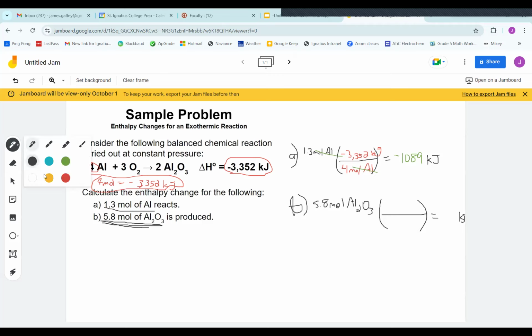Now, this time we're going to look at the coefficient in front of aluminum oxide. So it's a 2. For every 2 moles of aluminum oxide that react, we'll get negative 3,352 kilojoules of energy.